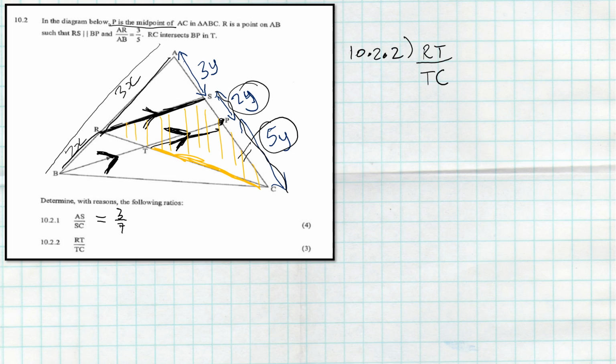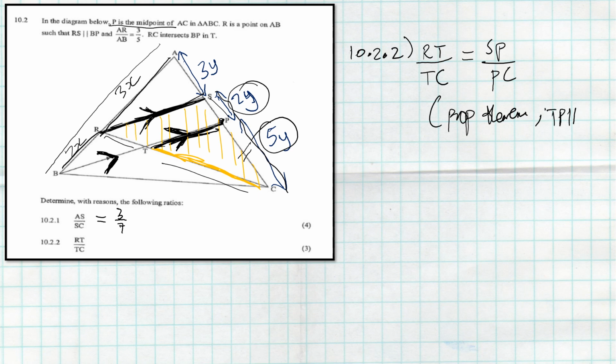So RT over TC from that triangle, because there's a line drawn parallel to one side of that triangle, then we can say RT over TC is equal to SP over what? Over PC. By what reason? Proportionality theorem. And we can see also that TP is parallel to what? To RS. TP is parallel to RS.